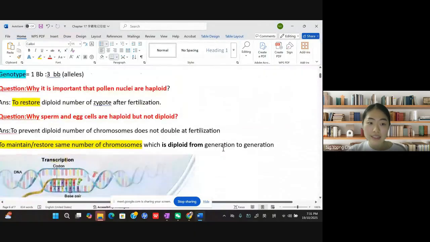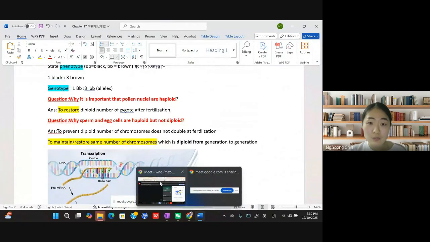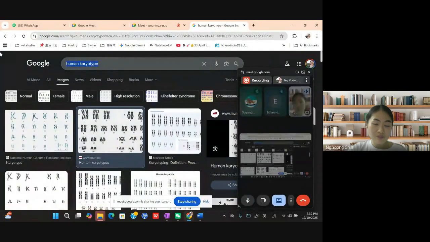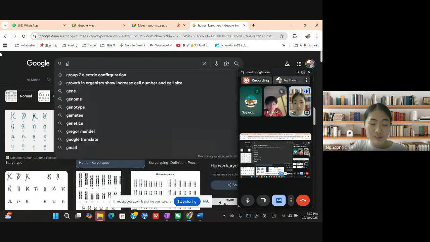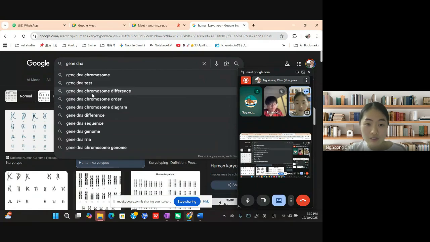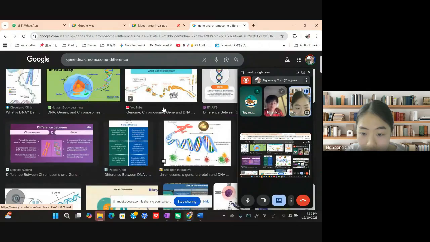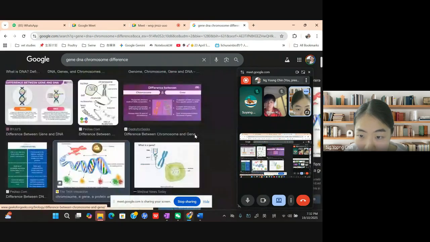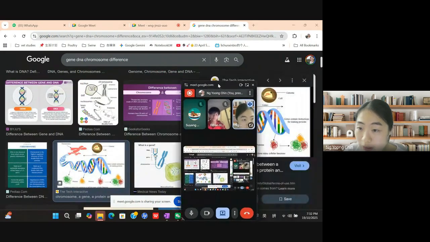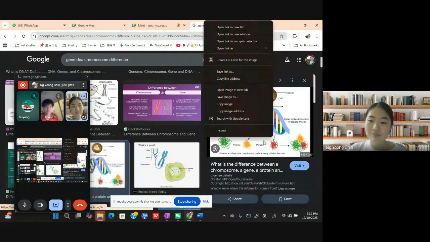I think I should put a picture to help you clarify better, showing the difference between genes, DNA, and chromosome. So you can refer to this. This is a very nice picture, right? I should put this one.